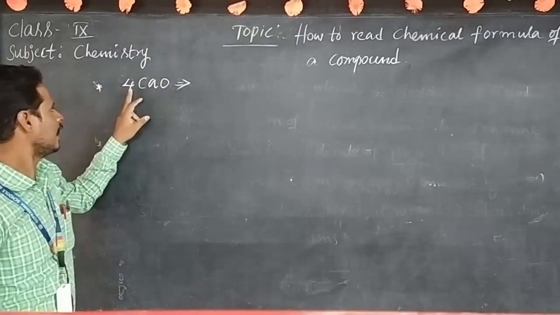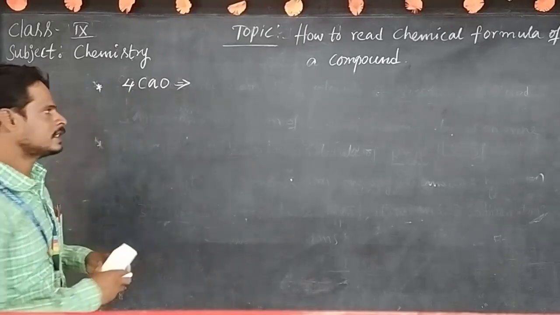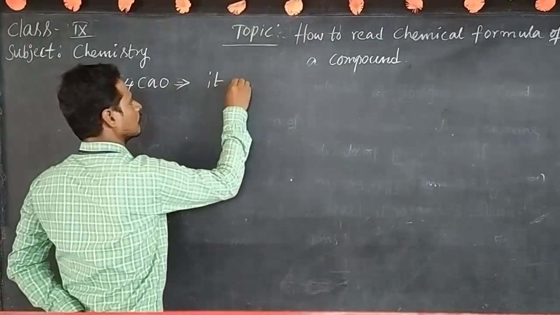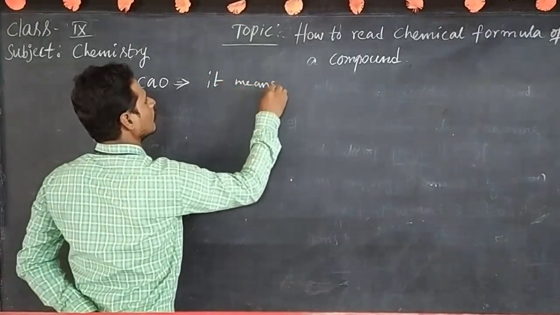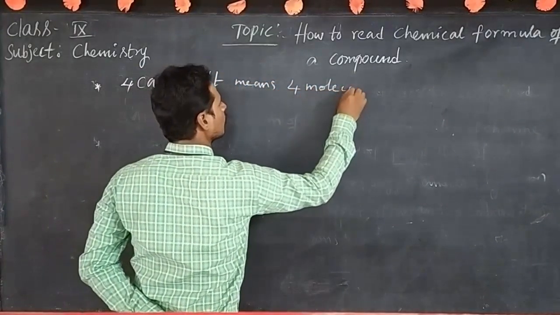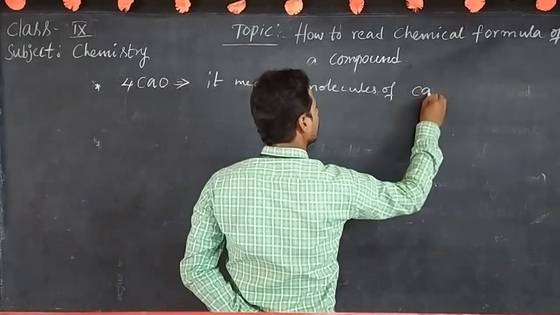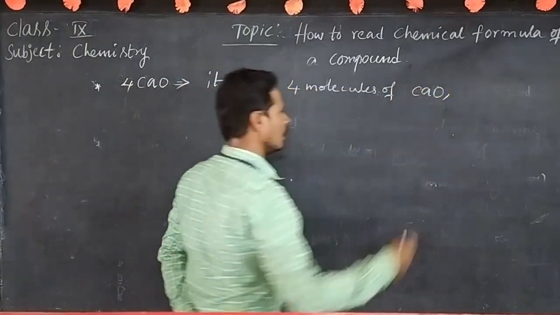In front of calcium oxide, how much number is there? 4. That's why it means four molecules of calcium oxide.